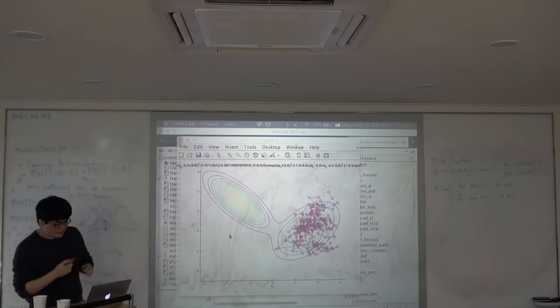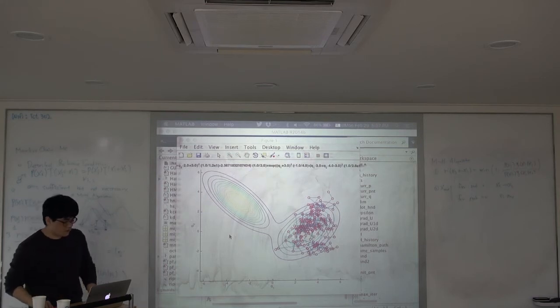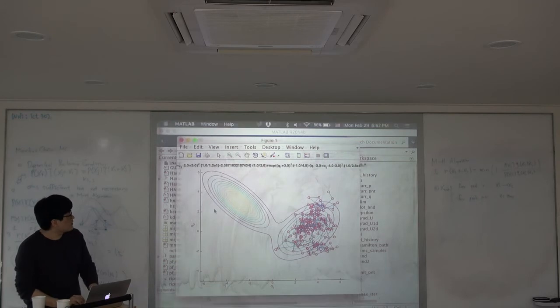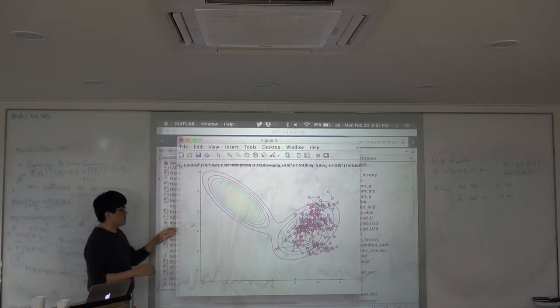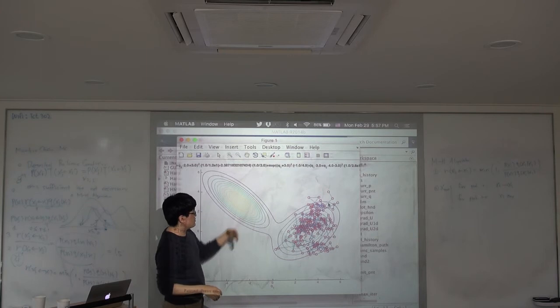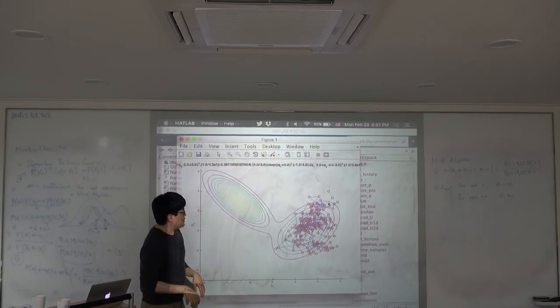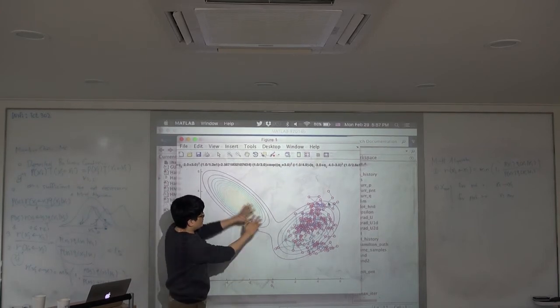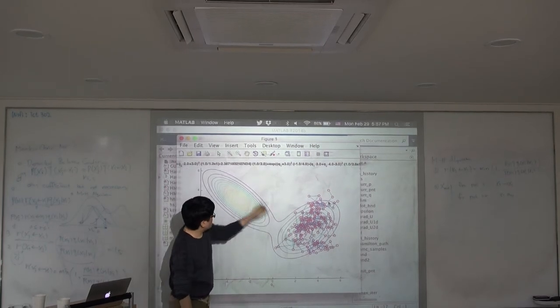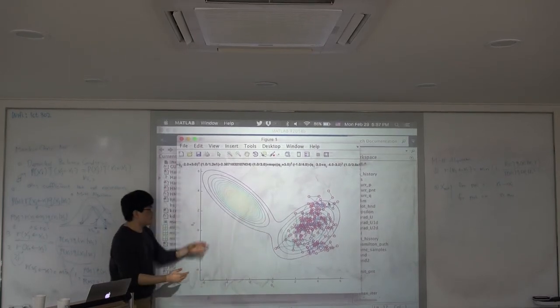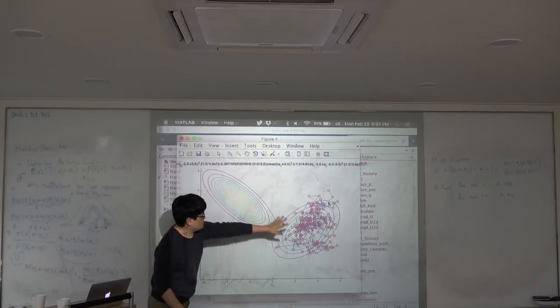So Metropolis-Hastings is not always good, but it's very good. That's because I started from here. But if you have any information about where the probability distribution is concentrated, or maybe you can take the average point, and start from there, then you may have more chance to go through this one.